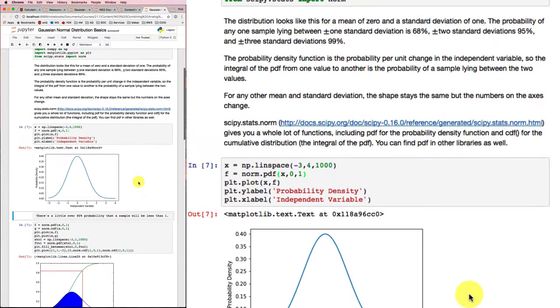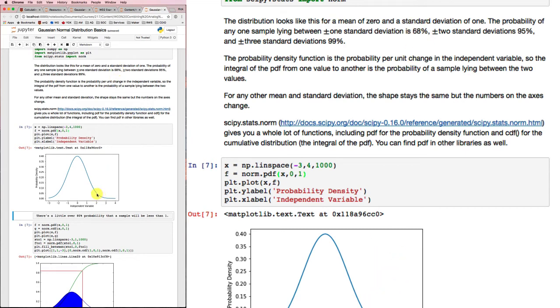Looking up here, a couple of things to notice. One is the probability of any one sample lying between plus or minus 1 standard deviation, that is between -1 and 1 if our standard deviation is 1. The probability of it fitting in that region is 68%.